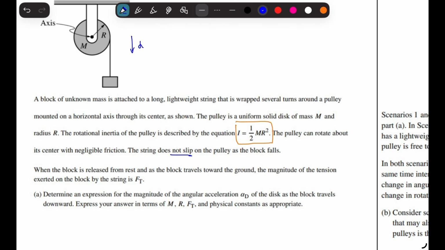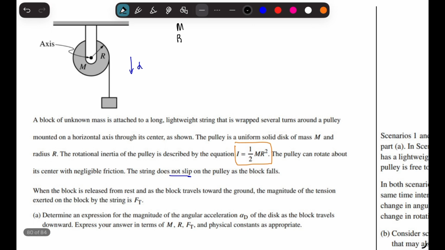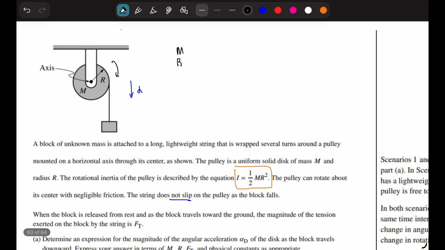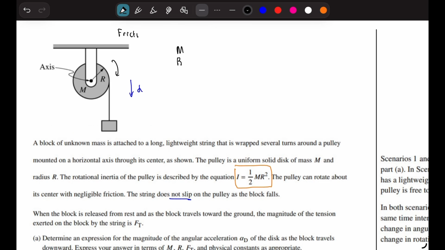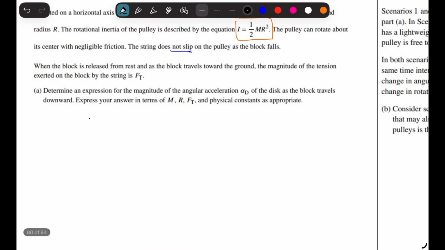So, what we have is, we can write this down. We have mass m, we have r, we have moment of inertia, and we have no slipping. And the pulley is going to rotate around its center with no friction. Frictionless. We want alpha d, the angular acceleration of the disk.